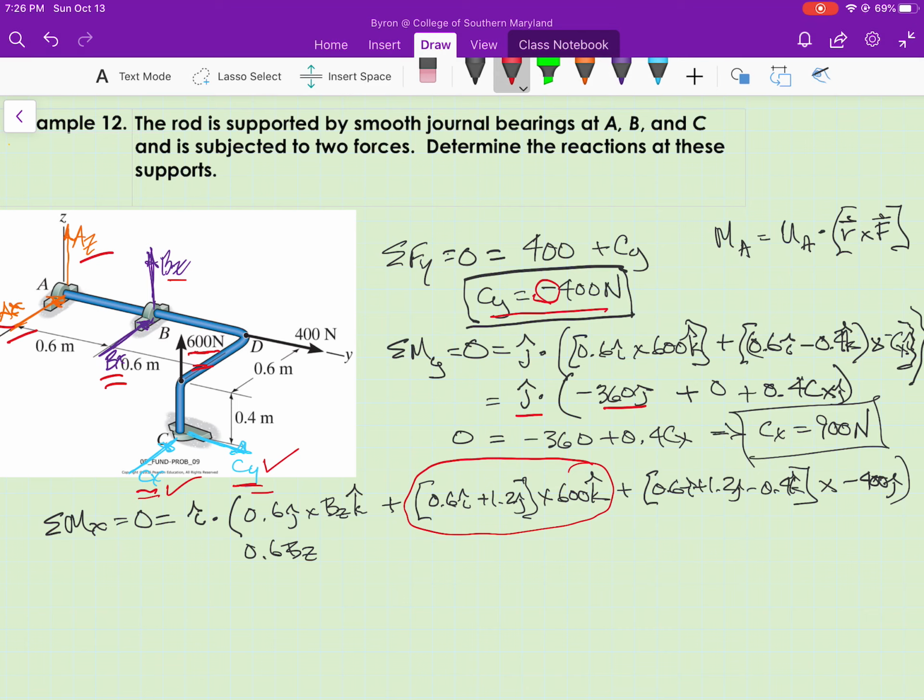So in other words, 0.6i cross 600k is going to give me j, so I don't even have to do that one, because when I dot that with i, it's going to go to 0. But j cross k, I have to do that one. j cross k will give me positive i. 1.2 times 600 is 720. i dotted with i gives me plus 720.